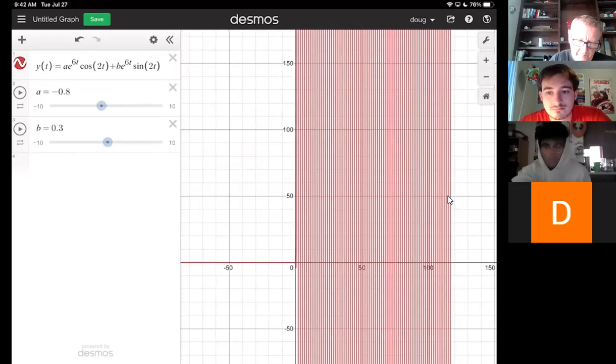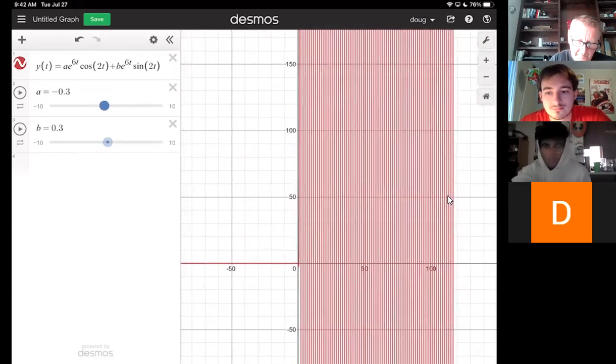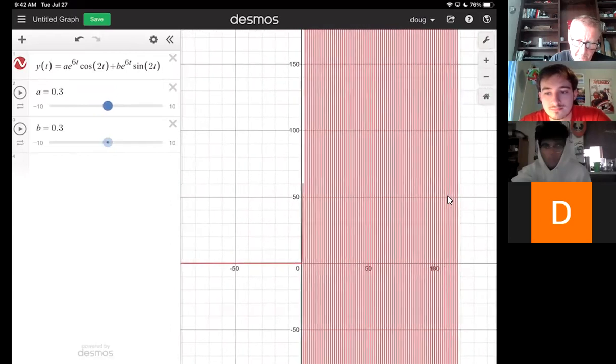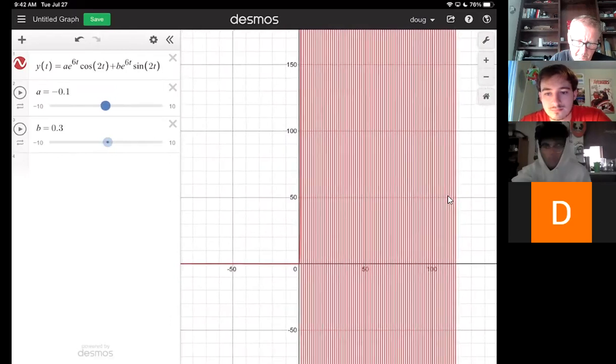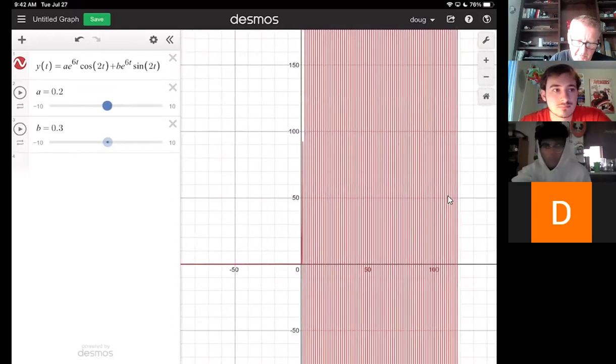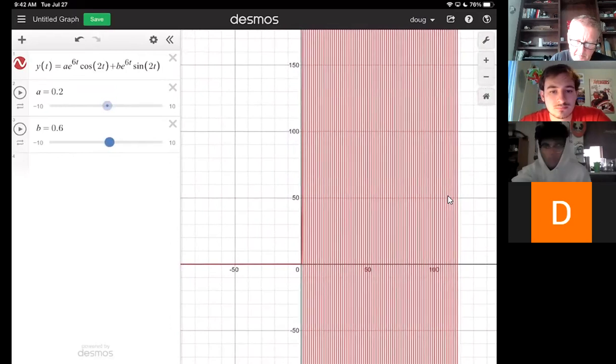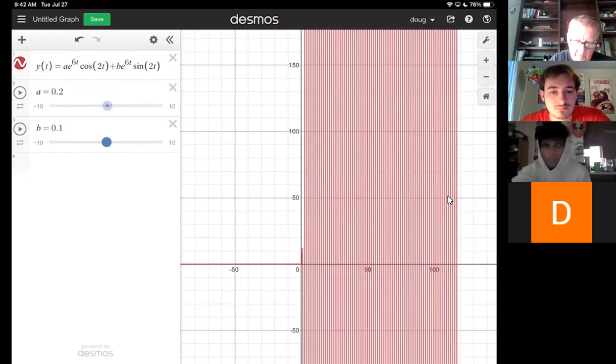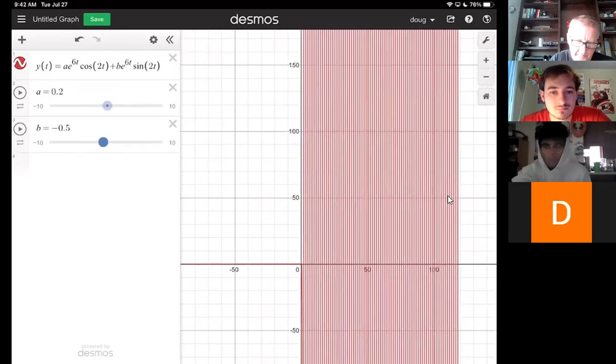That's kind of tripping me out a bit. I'm trying to remember what the initial conditions for this have to be for this graph is kind of out of control.